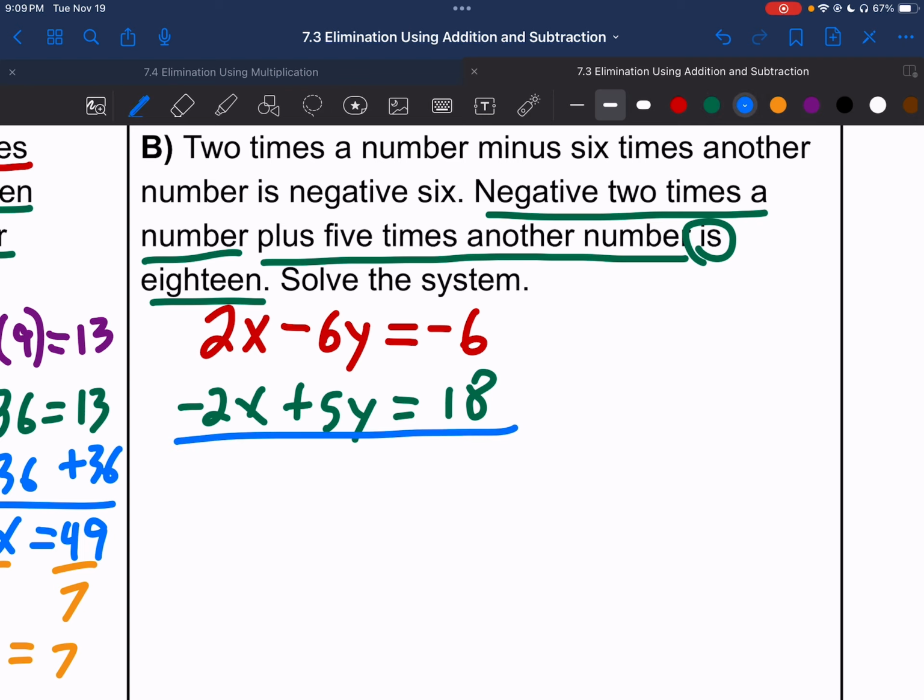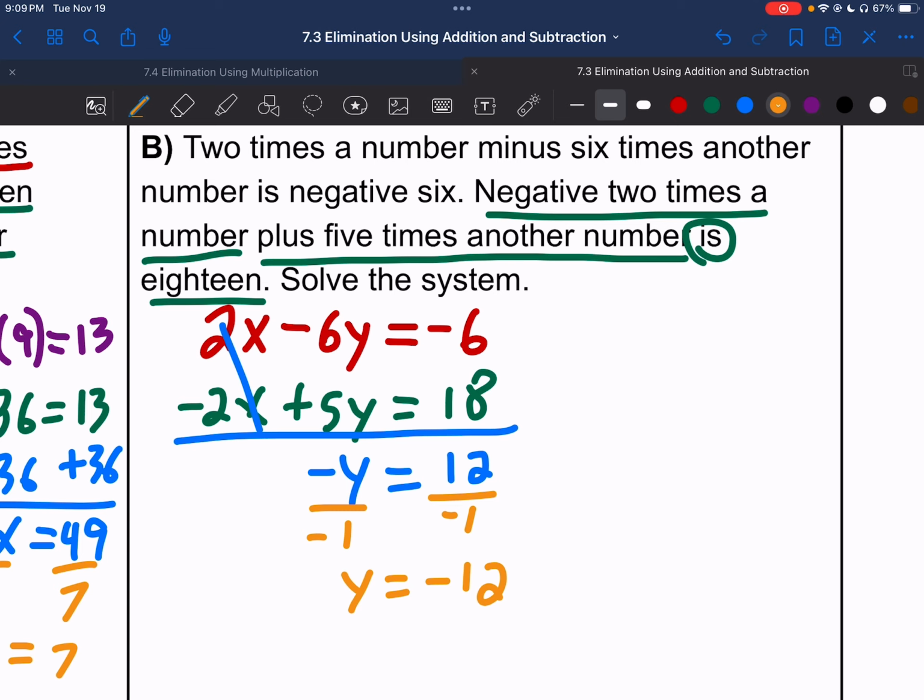Add these two equations together. My x values are opposite signs, and we get those to cancel out. -6 plus 5 is -y, and 18 plus -6 is 12. So we need to divide both sides by -1. Y is equal to -12.